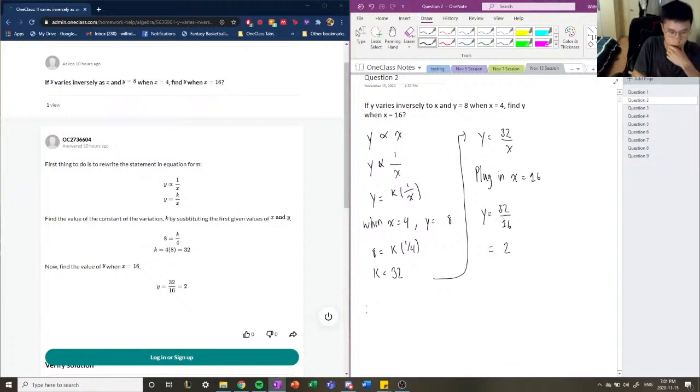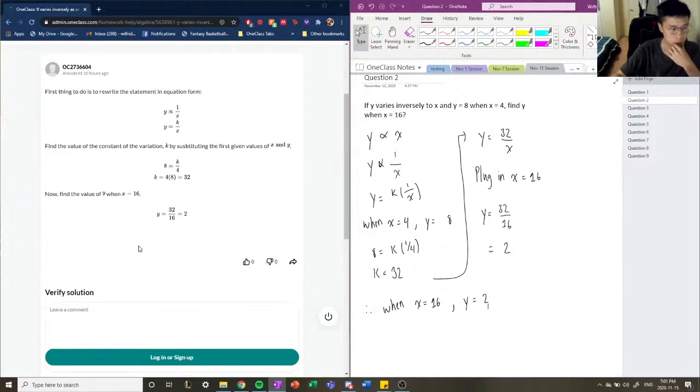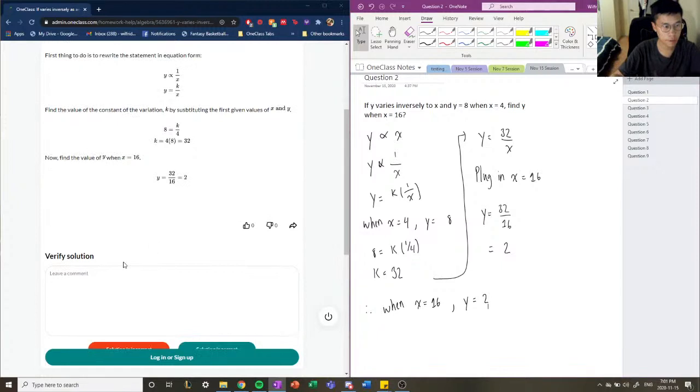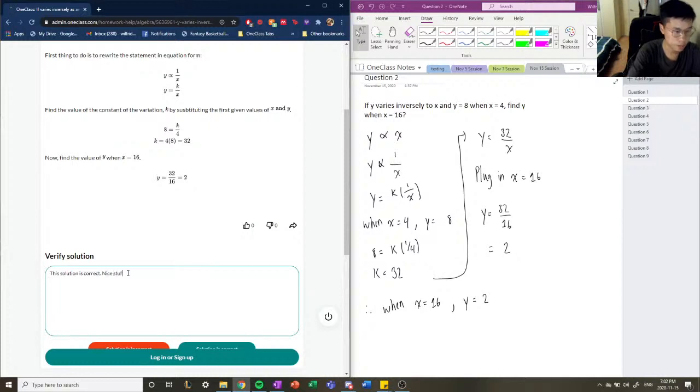So therefore, when x equals 16, y equals 2. Okay? So that's the exact answer that the junior tutor got. So this solution is correct.